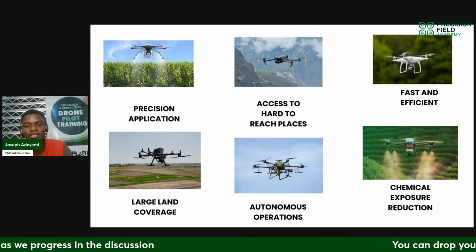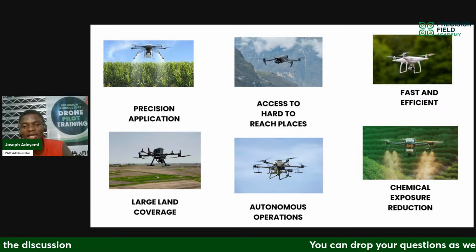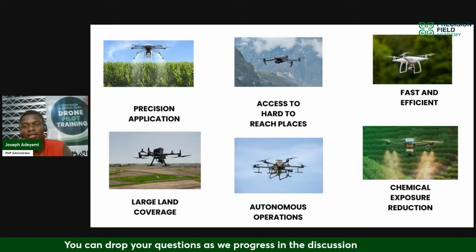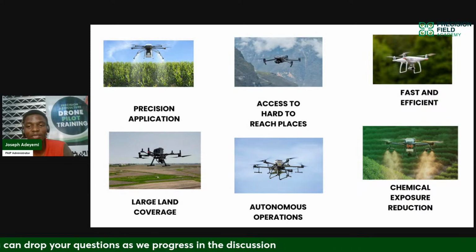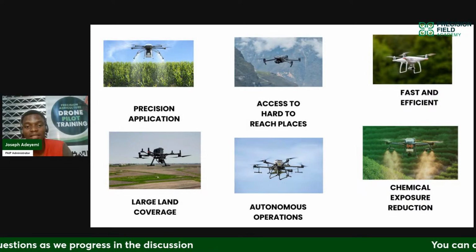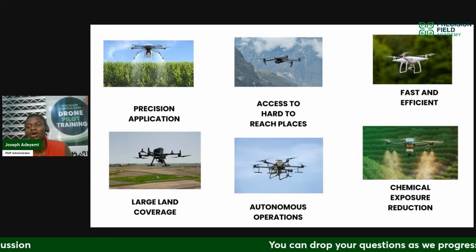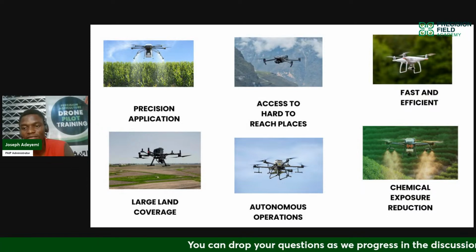There are certain places you might not be able to penetrate on the farmland. This is a limitation. So drones could give you the capability to access these places easily without limitation. Also, drones are fast and efficient.